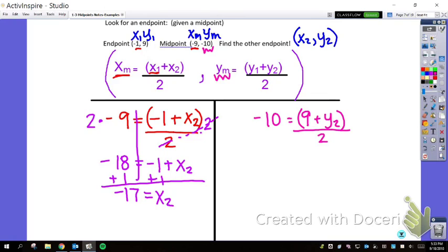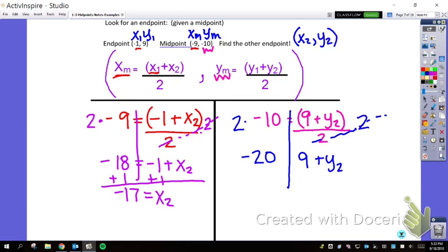So again, our first step is to multiply by 2 on both sides. These cancel out, so we are left with -20 equals 9 plus y2. Then we need to move away from y2, so we're going to subtract 9 on both sides. So we get -29 equals y2.